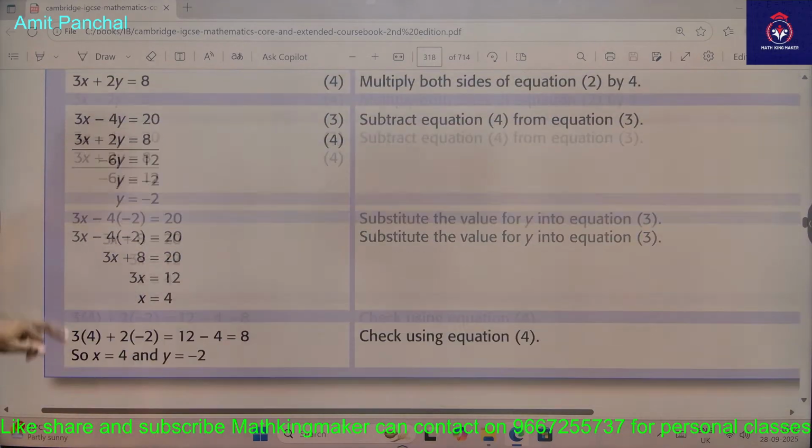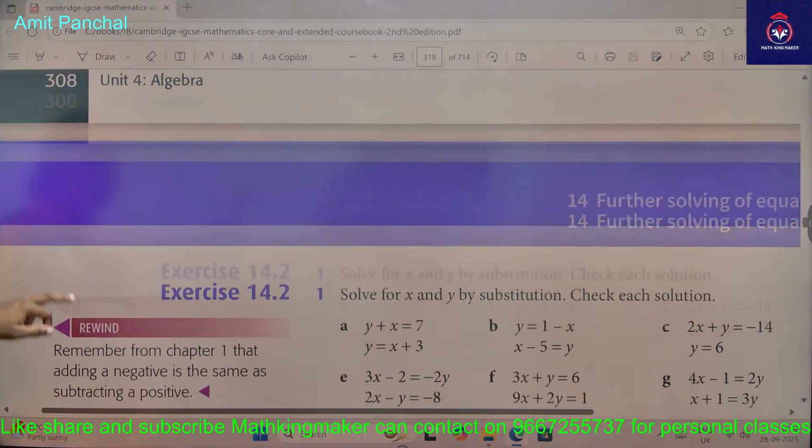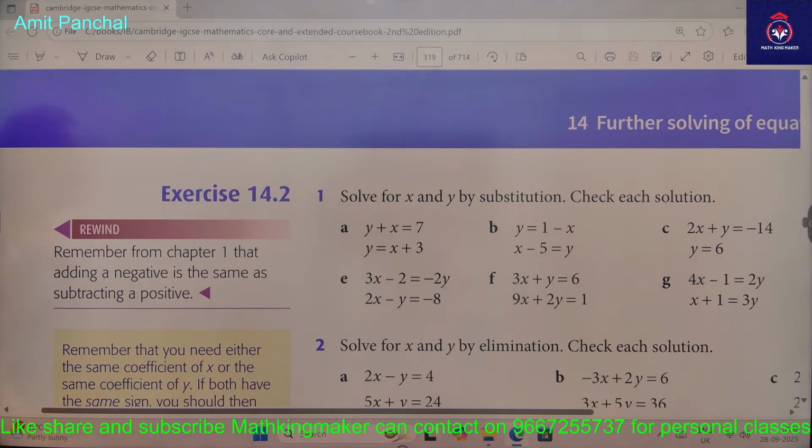So just try to do all the examples on your own, and for homework, just write it down. It is exercises 14.1 and 14.2. You just solve them, make a PDF and upload it on Urban Pro in my chat box, so that if any correction is needed, we can work on it.